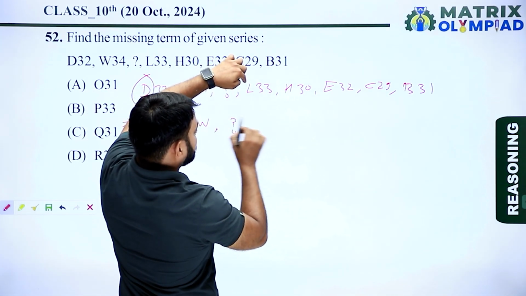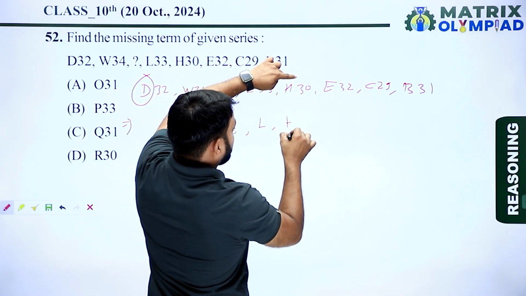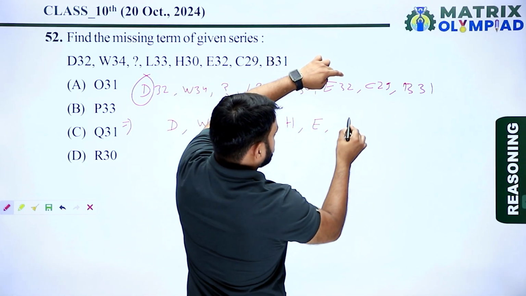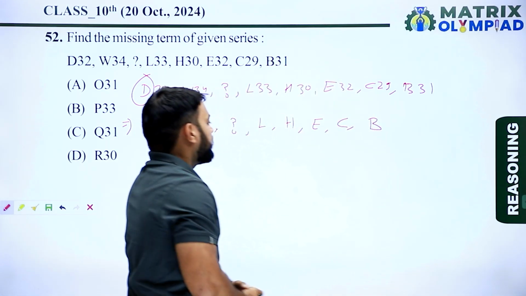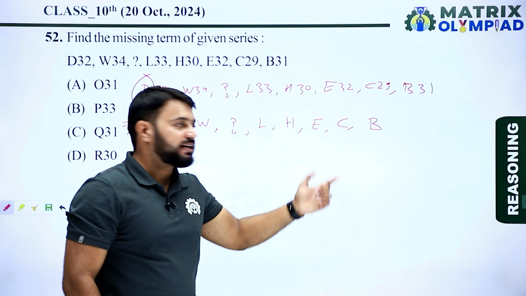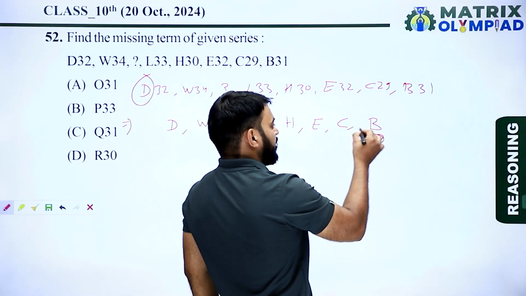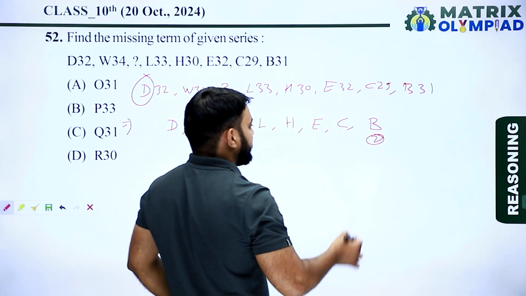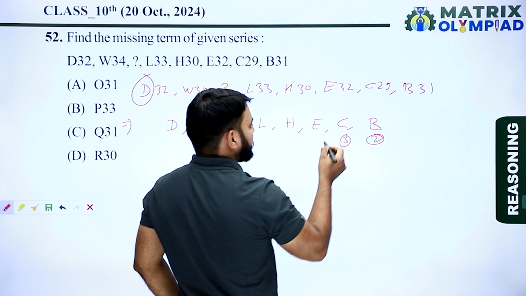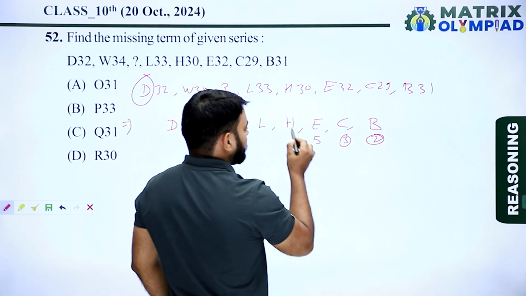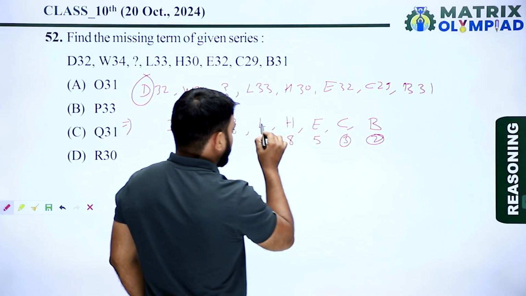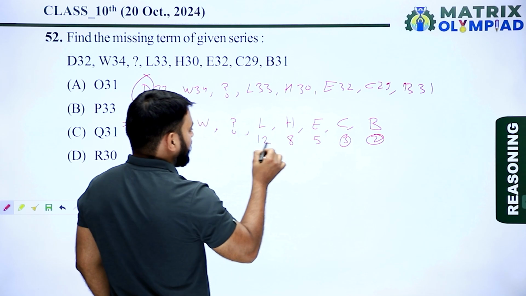Now after missing next is L, after L next is H, E, C and B. Place value of B in English alphabet is 2. Place value of C is 3. Place value of E is 5. H means 8. L means 12. W means 23.